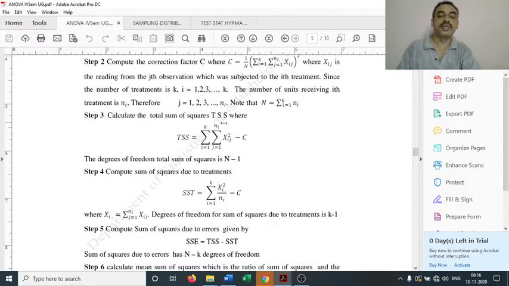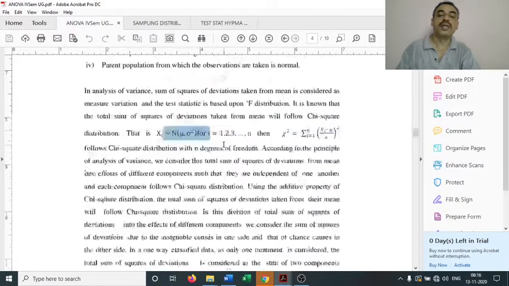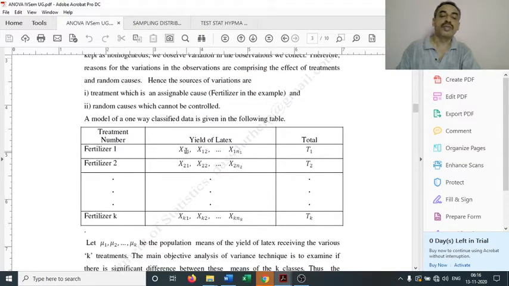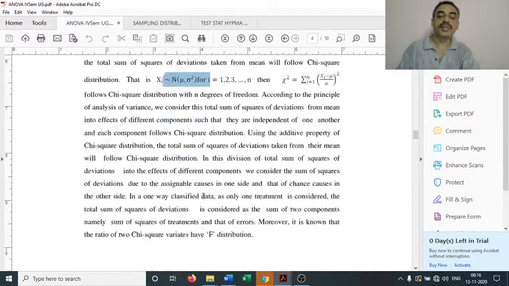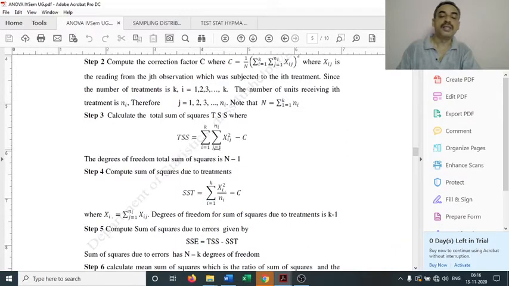Next is finding TSS, the total sum of squares. Here we find the sum of squares of the observations. First we find the squares of the observations: x11 squared, x12 squared, etc. x1n1 squared, then the next row x21 squared, x22 squared, etc. x2n2 squared, and so on. Then we find the sum of these squares and subtract c, represented as TSS equals the sum over i equals 1 to k and j equals 1 to ni of xij squared minus c.